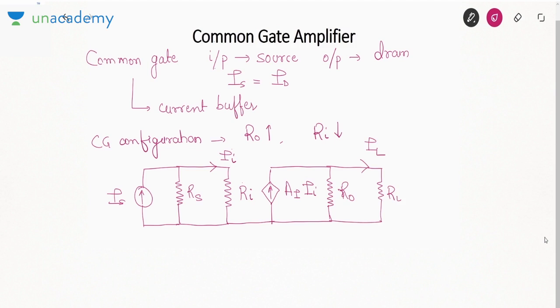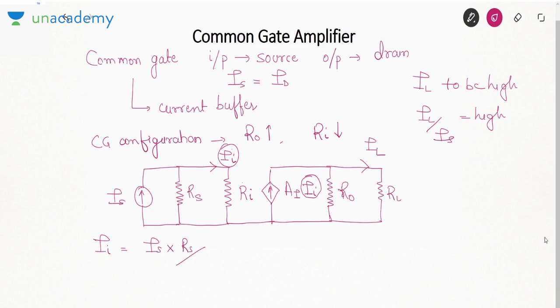Now I want IL to be as high as possible, or you can say IL over IS should be high. Now I know only II is going further, so this II should be high. II can be written as IS into RS by RS plus RI.